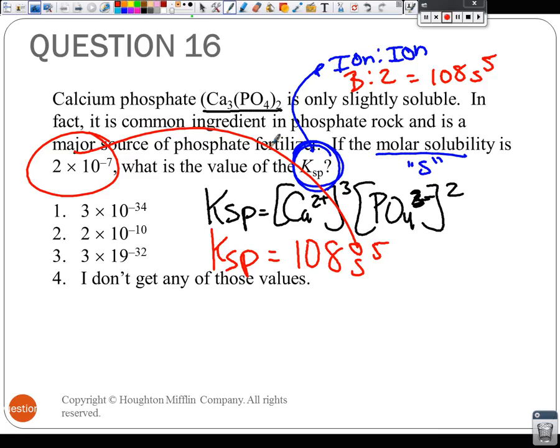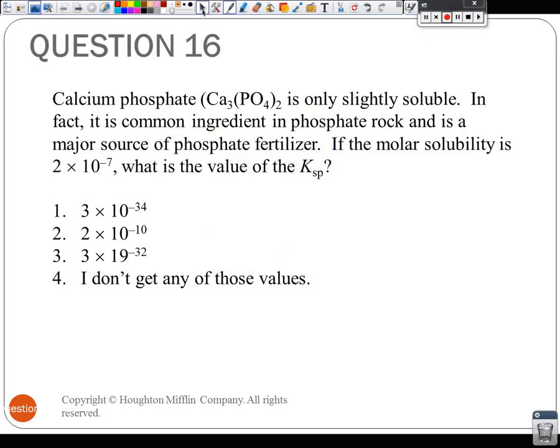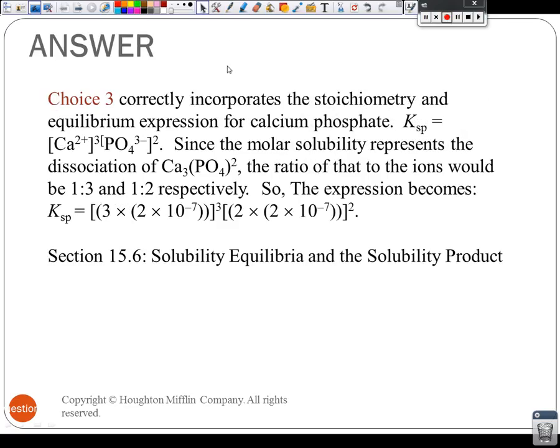Okay. Let me show you the Rice table version of this. If you learn the cheat method, this is how they would want to teach you.